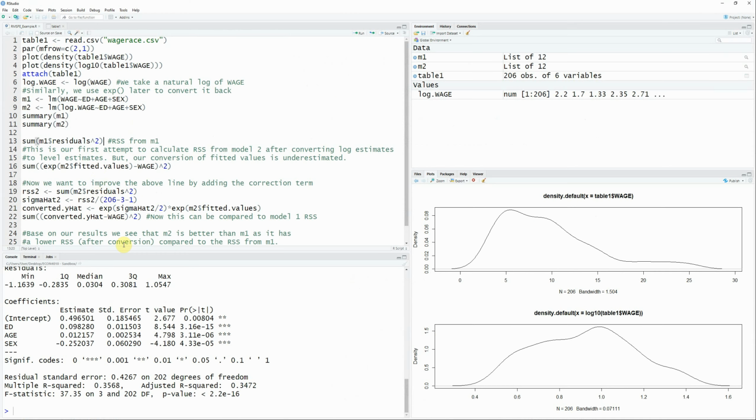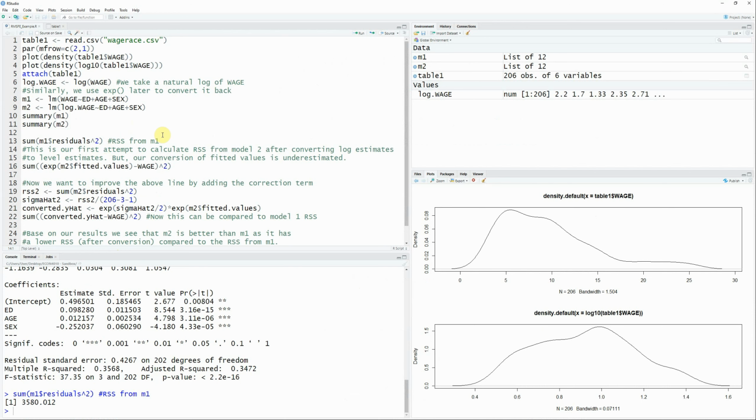If I get the sum of squares of those residuals, or residual sum of squares from model 1, that could be a goodness of fit measure for me. So we end up with the number 3580. That means that if I do the same for model 2 and that number is smaller than this, then model 2 is better. If that number was larger, then model 1 is better.